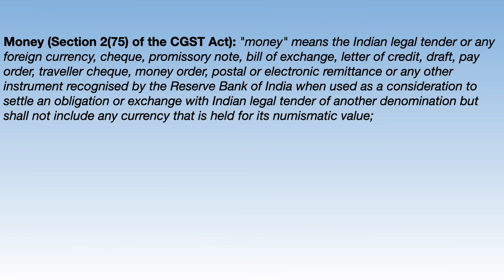The definition of money as provided under section 2(75) of the CGST Act says that money means the Indian legal tender or any foreign currency, check, promissory note, bills of exchange, letter of credit, draft, pay order, traveler's check, money order, postal or electronic remittance, or any other instrument recognized by the RBI, Reserve Bank of India, when used as a consideration to settle an obligation or exchange with Indian legal tender of another denomination, but shall not include any currency that is held for its numismatic value.